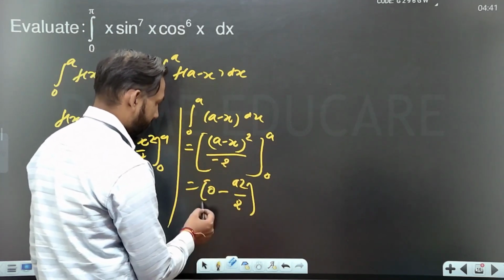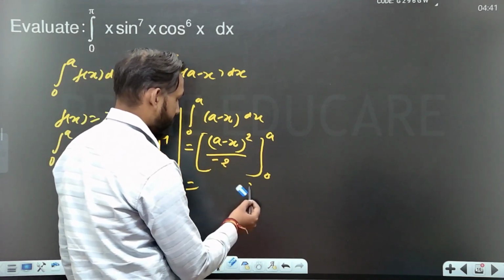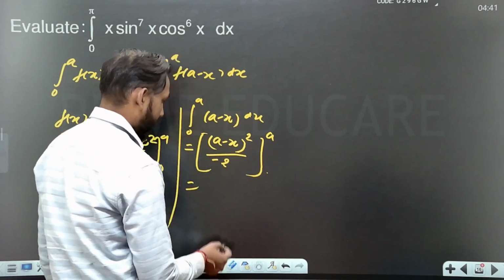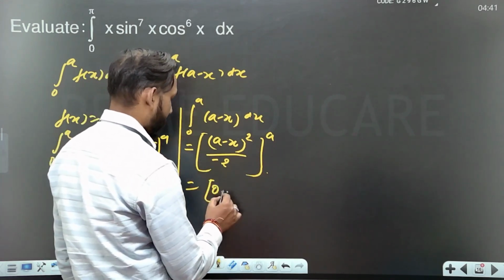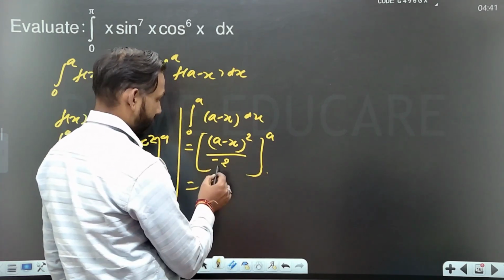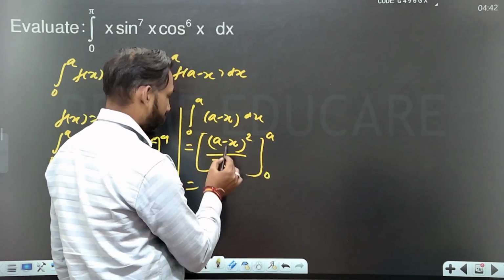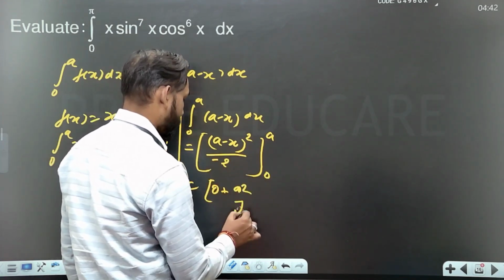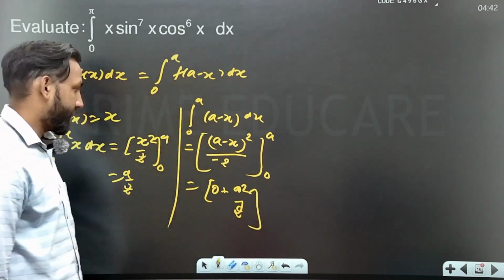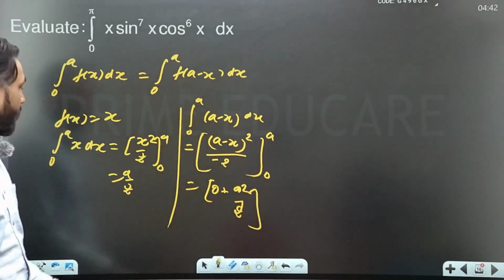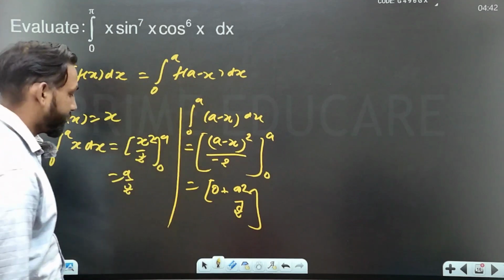If we put a here, it will be 0, and 0 minus minus 2 is positive, and if we put 0 here, then we get a square by 2. Okay, that's it.